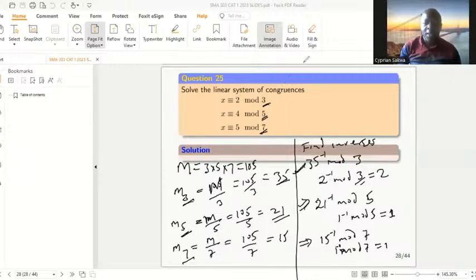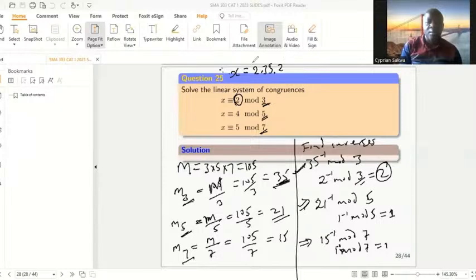The next step is to write the result. Therefore x is this remainder times the moduli relative to 3, which was 35, times the inverse of 35, which was 2. You see what I'm doing? This one above.